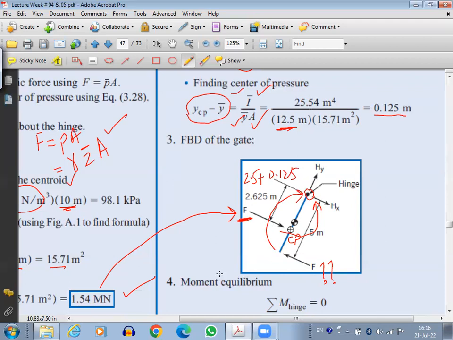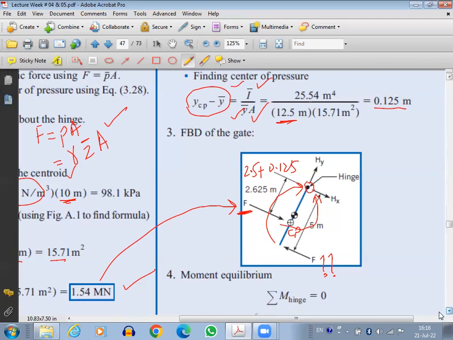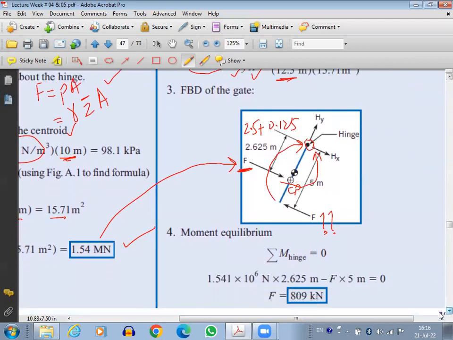So if I take the summation of moments at the hinge, it will be 1.541 into 10 power 6 multiplied by 2.625 minus F multiplied by 5, because this elliptical gate was 5 meters. We'll find this force comes out to be 809 kilonewton. So 809 kilonewton is the force needed to actually open the gate.